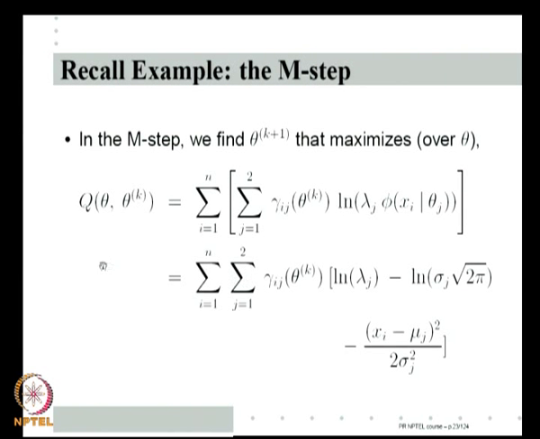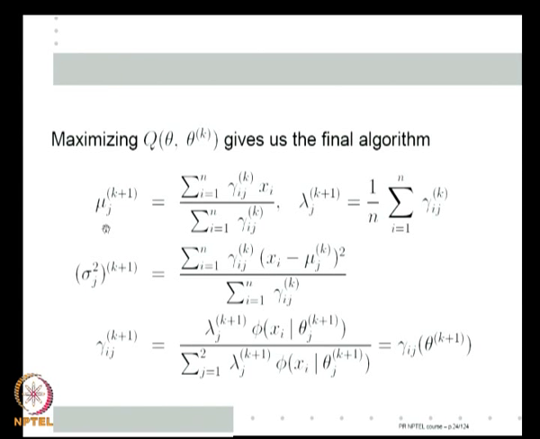So, now finding del Q by del mu_j or del Q by del sigma_j is very straightforward, and by equating them to 0, I will skip the details because we did all of that last class. We had got these final equations. These are the final iterative equations that give us the estimate. So, these are the iterations of the EM algorithm for this example. Okay.